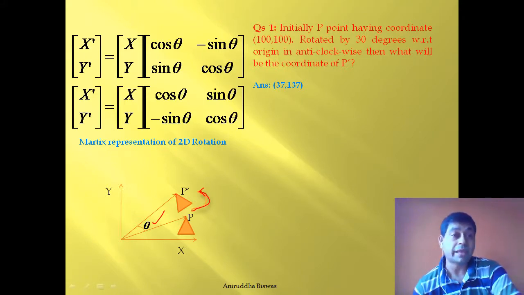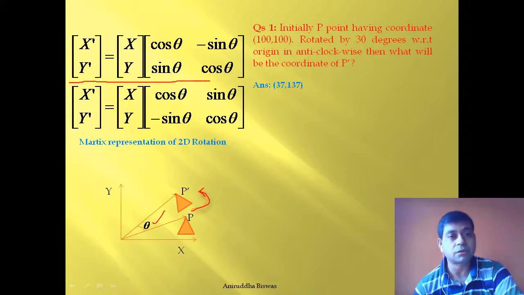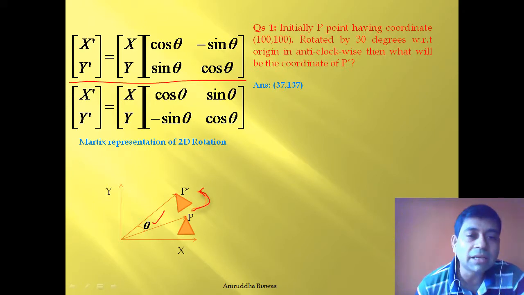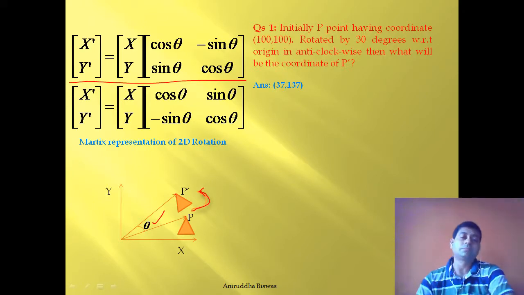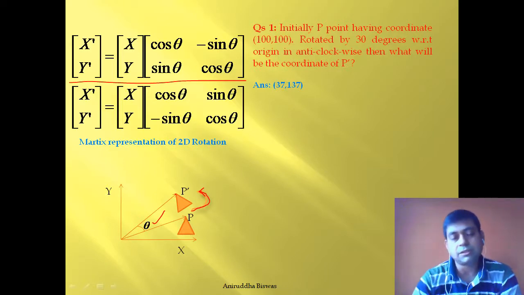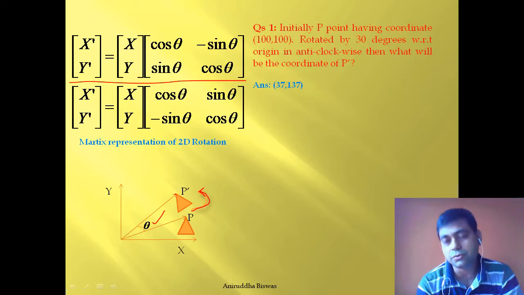So how to calculate it? This is the formula for calculating the final position of P dash. There is a point on any object which is undergoing a rotation of theta degree in the anti-clockwise direction. If it is in the anti-clockwise direction, it is called a positive rotation, or if it is in the clockwise direction, it is a negative rotation.